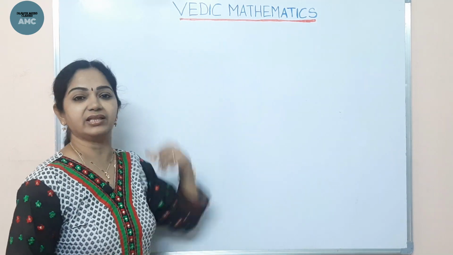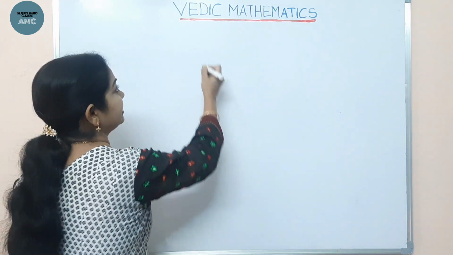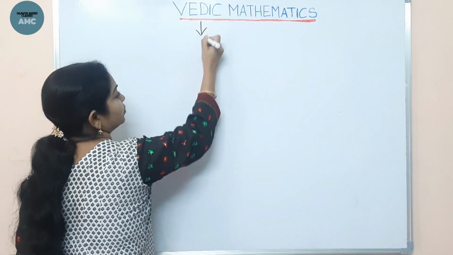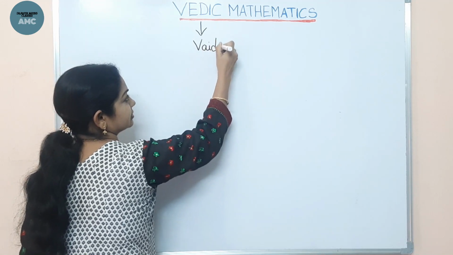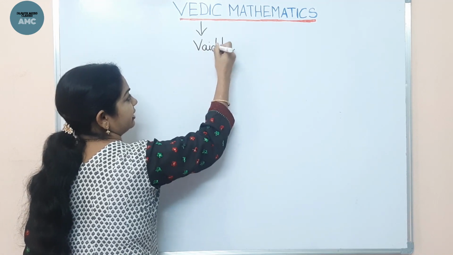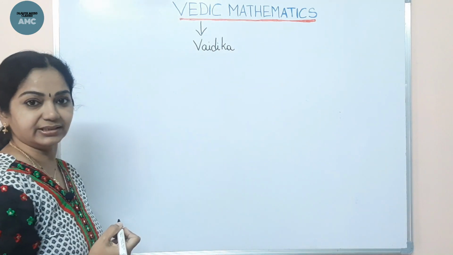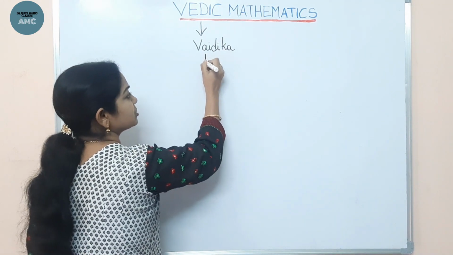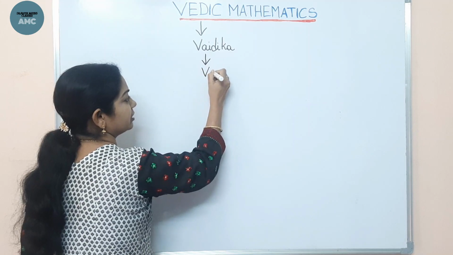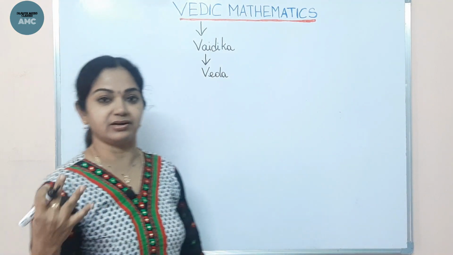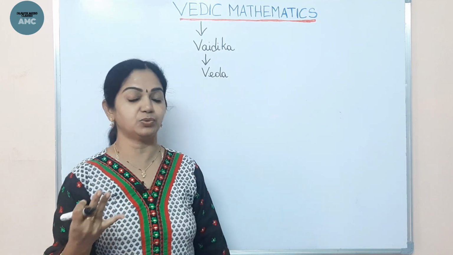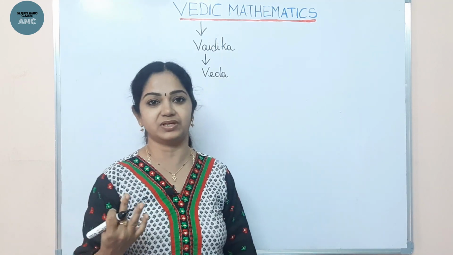Vedic mathematics: the word Vedic is derived from the Sanskrit word Vaidika, which is again derived from the word Veda, which we know. We know all the four Vedas, the Rig Veda, Yajur Veda, Sama Veda and the Atharvana Veda.